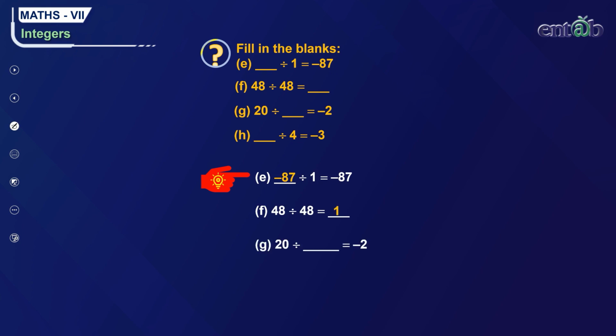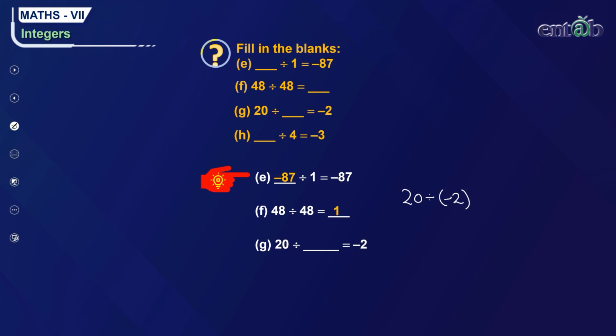Next part, 20 divided by blank is minus 2. So, I need to find the integer which 20 gets divided by to give minus 2 as the answer. In order to find this integer, what we can do is divide 20 by minus 2.